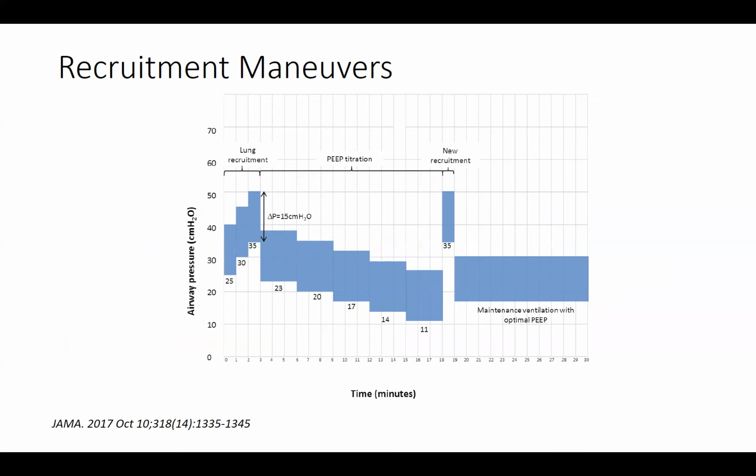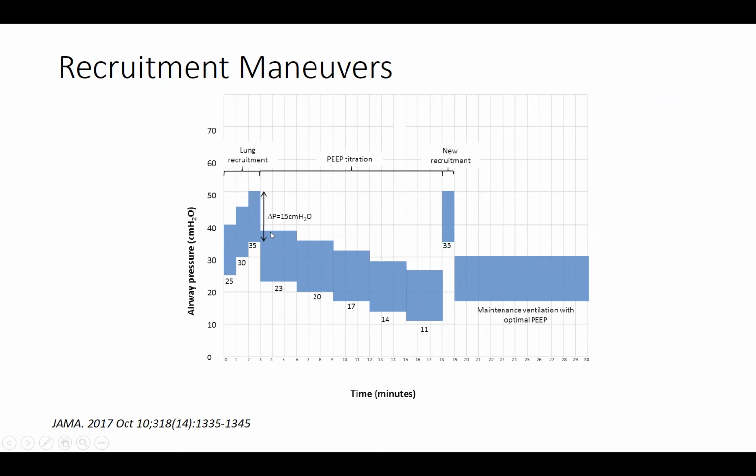If you look at the airway pressure that they used, the way they did their recruitment is by gradually increasing their peak airway pressure and their PEEP, maintaining a driving pressure of 15 until they got to a peak airway pressure of 50, which is very high.